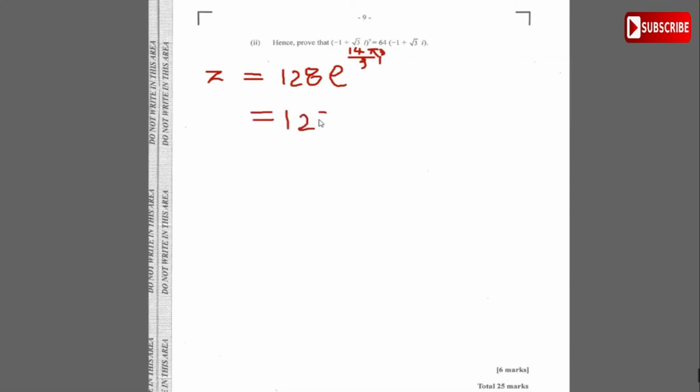In polar form, this would be 128 times cos 14 pi by 3 plus i sine 14 pi over 3.